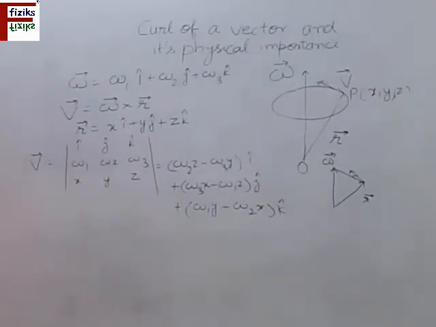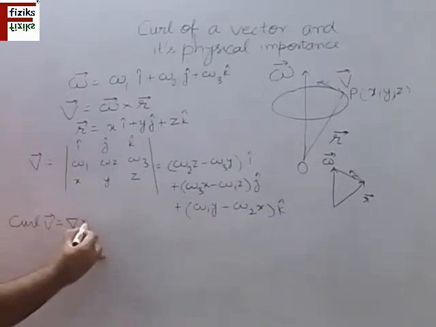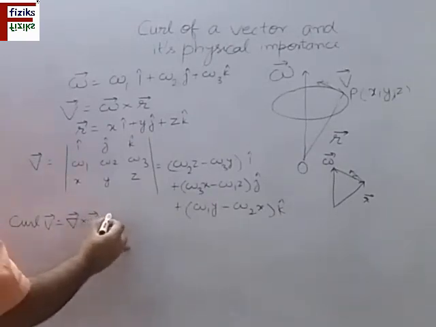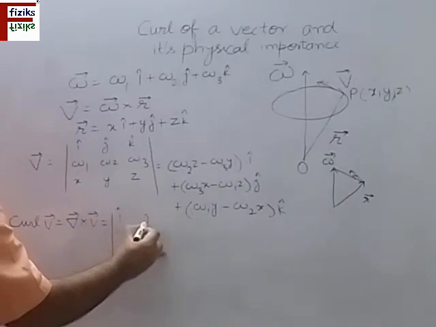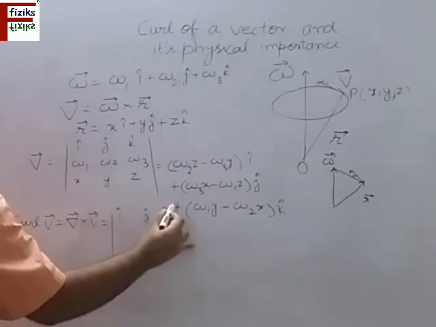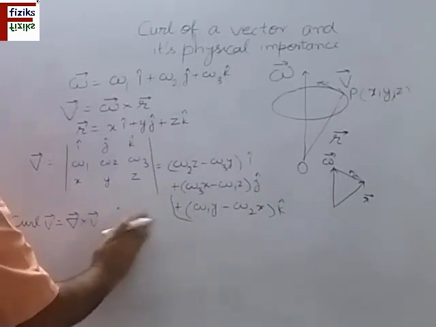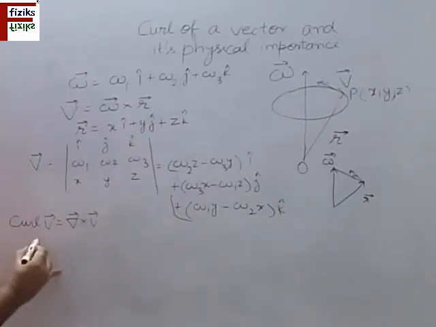This is the value of the linear velocity vector v, and the curl is given by curl v is grad cross v, and if you calculate the curl, i, j, k, I will write it here.